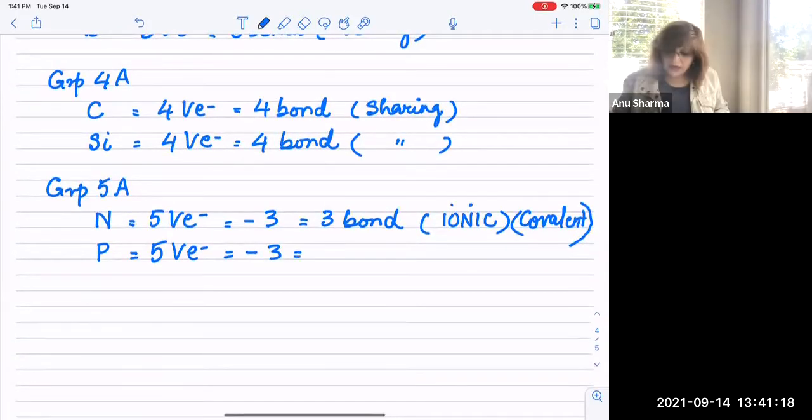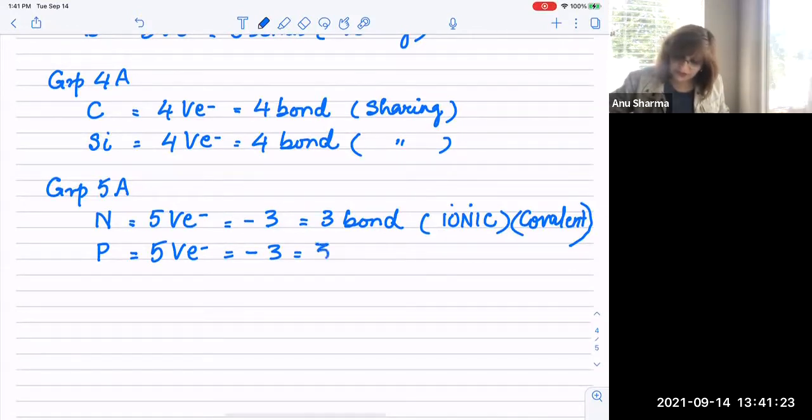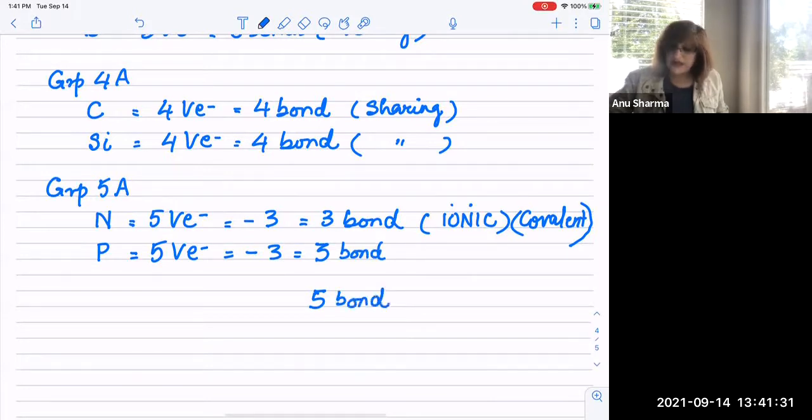So covalent is always non-metal. Next is phosphorus. Phosphorus will form 3 bonds, and here's an interesting thing, phosphorus can also form 5 bonds. So when does phosphorus form 3 bonds, and when does it form 5 bonds?